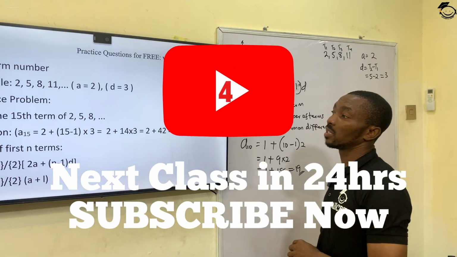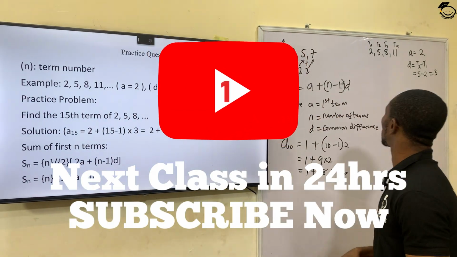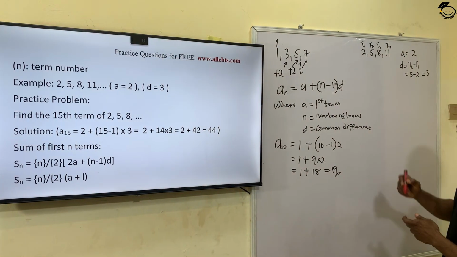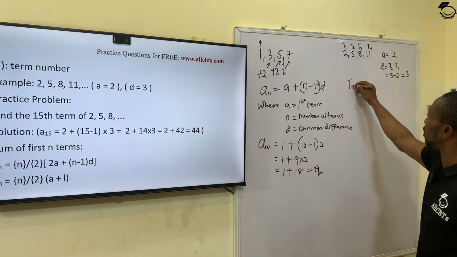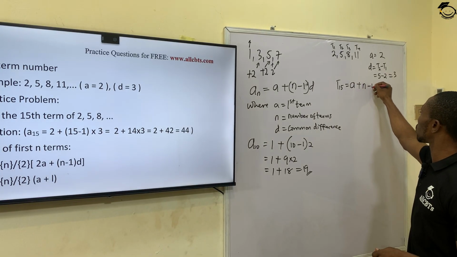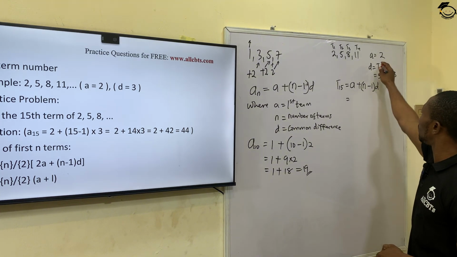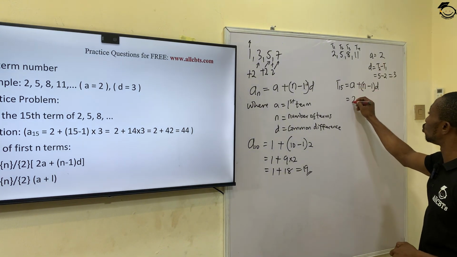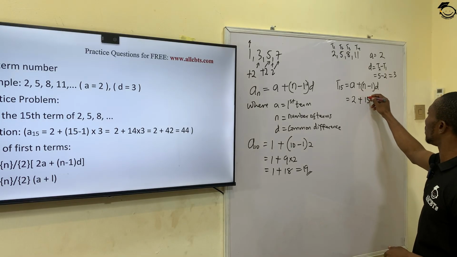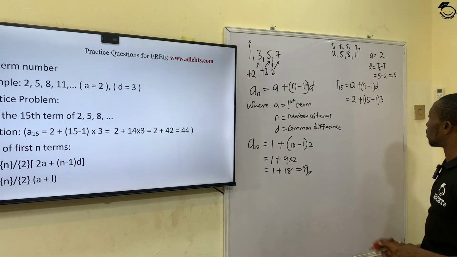Now, it says find the 15th term. Looking for the 15th term of this sequence, we have T15 equals A plus n minus 1 times D, where A in this sequence is 2, n is 15, minus 1, times 3, which is the common difference.